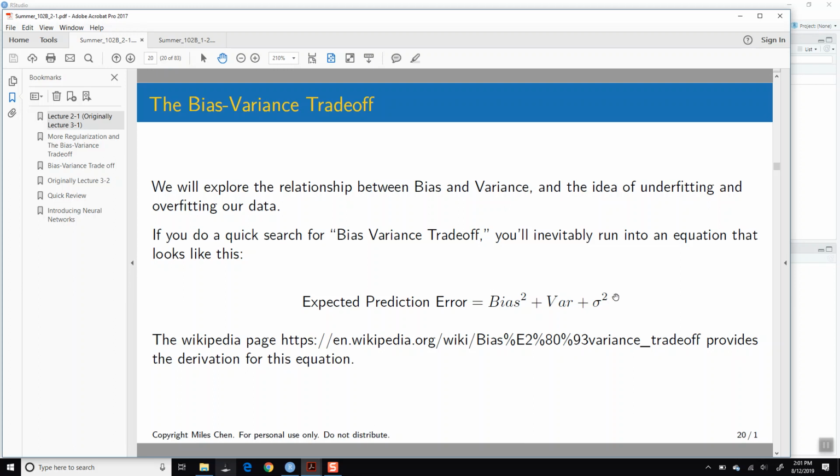This sigma squared is just variance that is not part of the model, just variance that exists naturally, that people are different, right? This is something that we can't ever get rid of. This is just a fact that in life, everything's a little bit different. So the expected prediction error is going to be stuff based on our model and coefficients, plus just irreducible error that's out there.